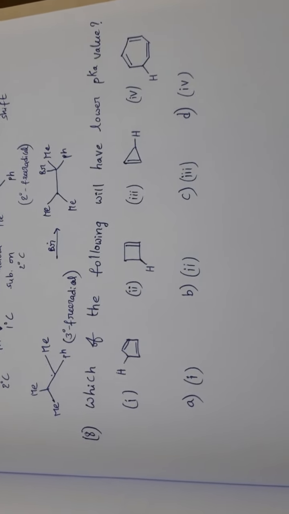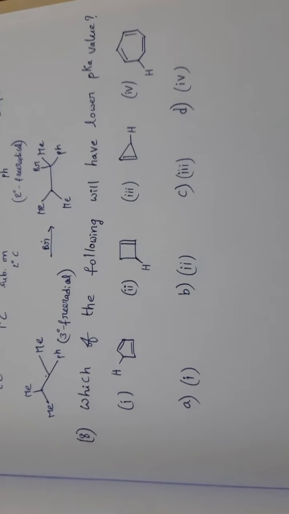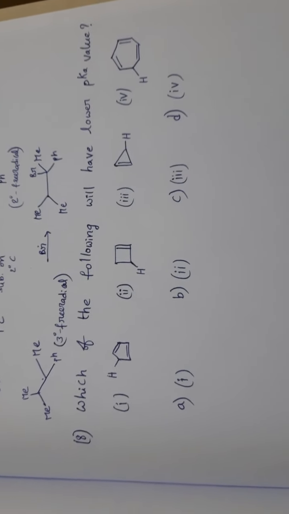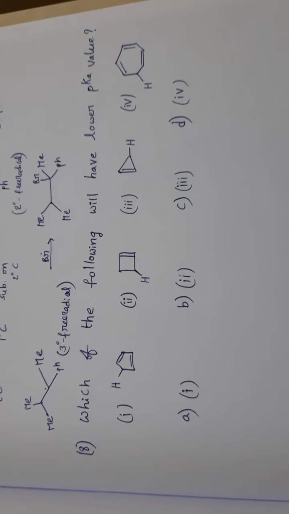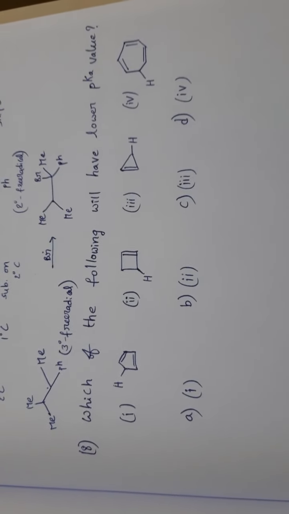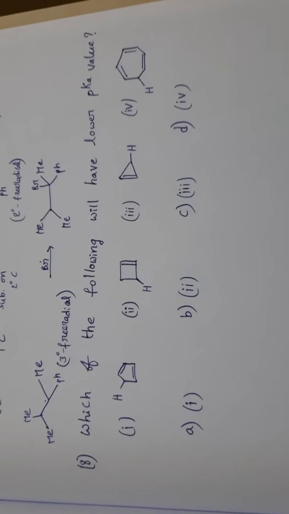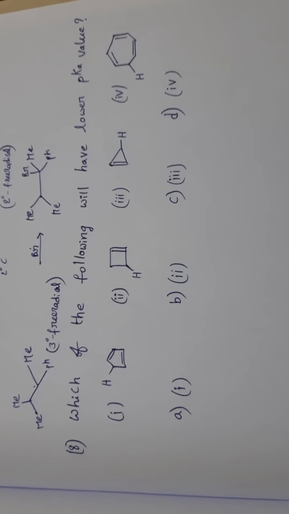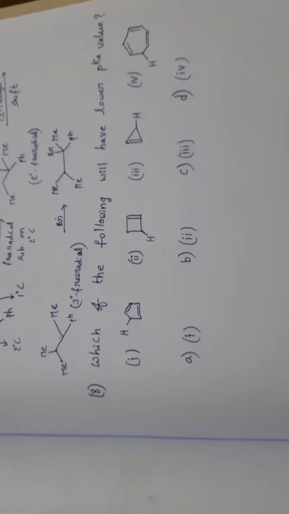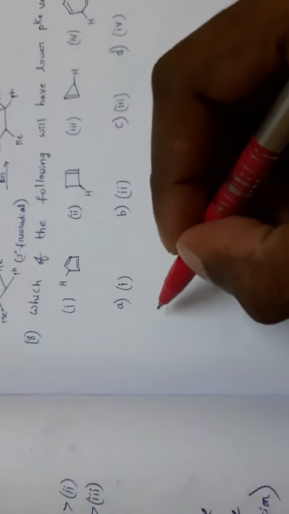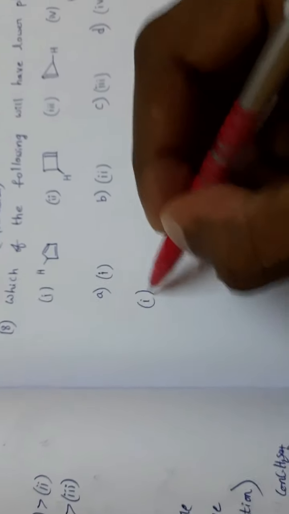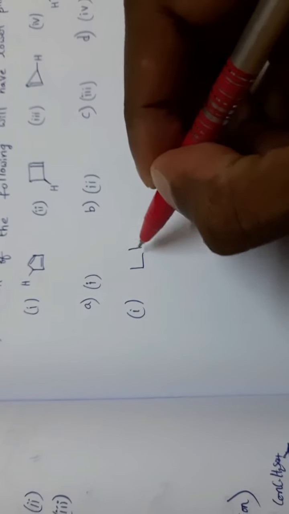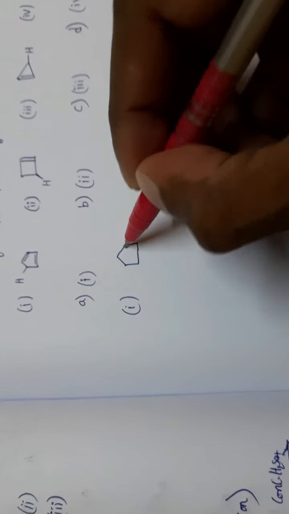Based on these two factors we can get the answer, but here in a different way we can get the answer, that is stability of ions formed by these compounds. Based on that we can get the answer. Let us see how it is possible. See the first compound, cyclopentadiene.